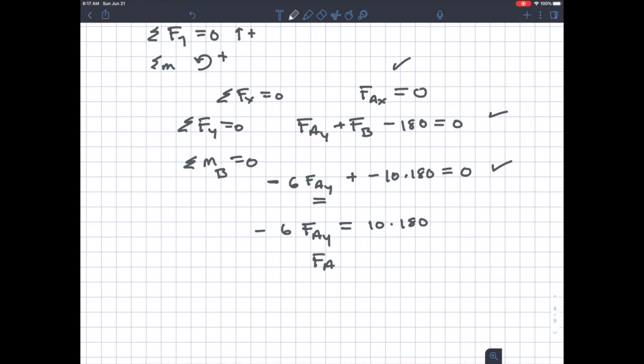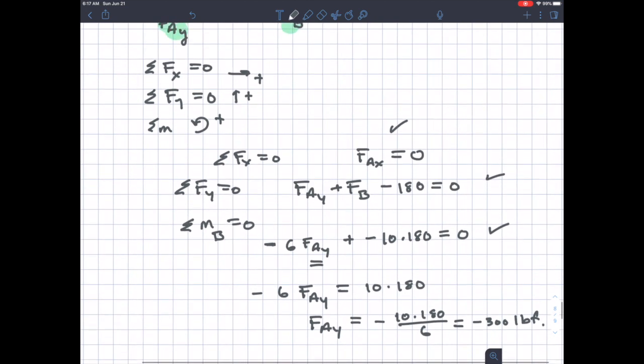I get FAY equals minus 10 times 180 over 6. 180 over 6 is 30, so minus 300 pound force.